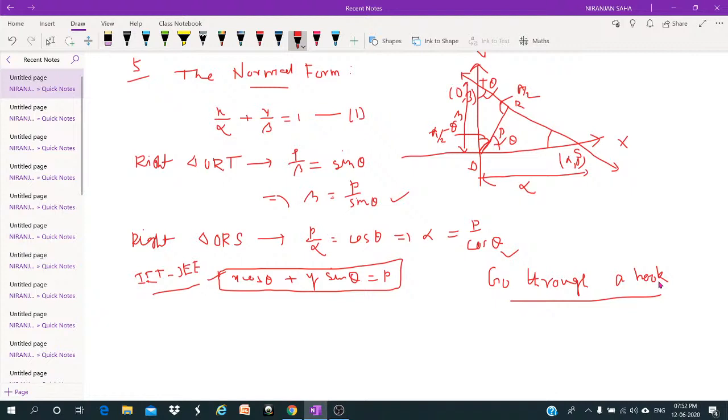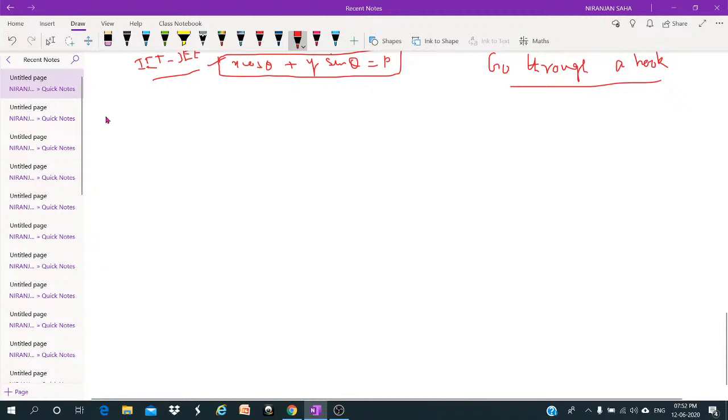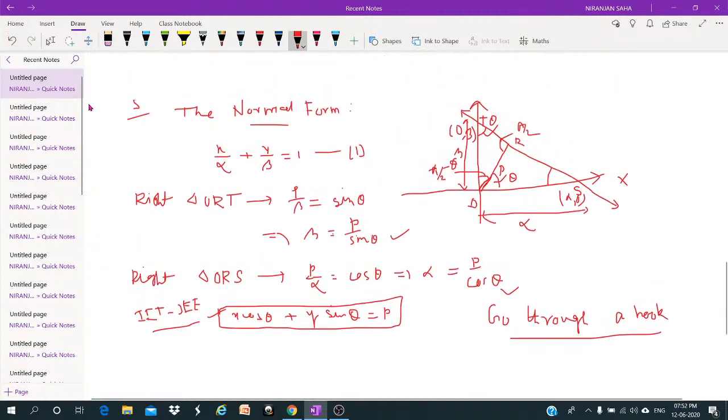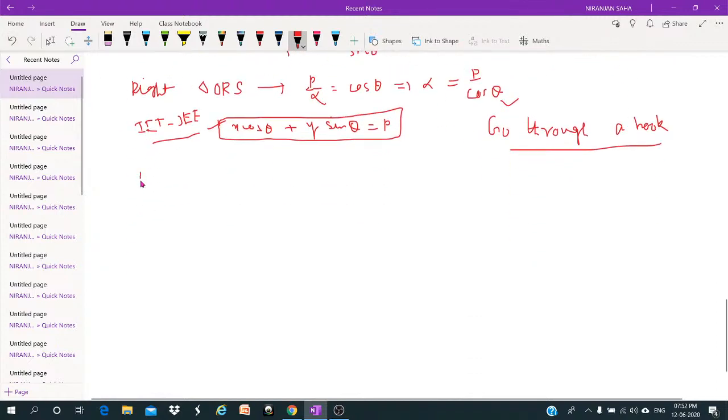Now we'll study one important form also. This is the sixth form, the distance form, symmetric form, parametric form.